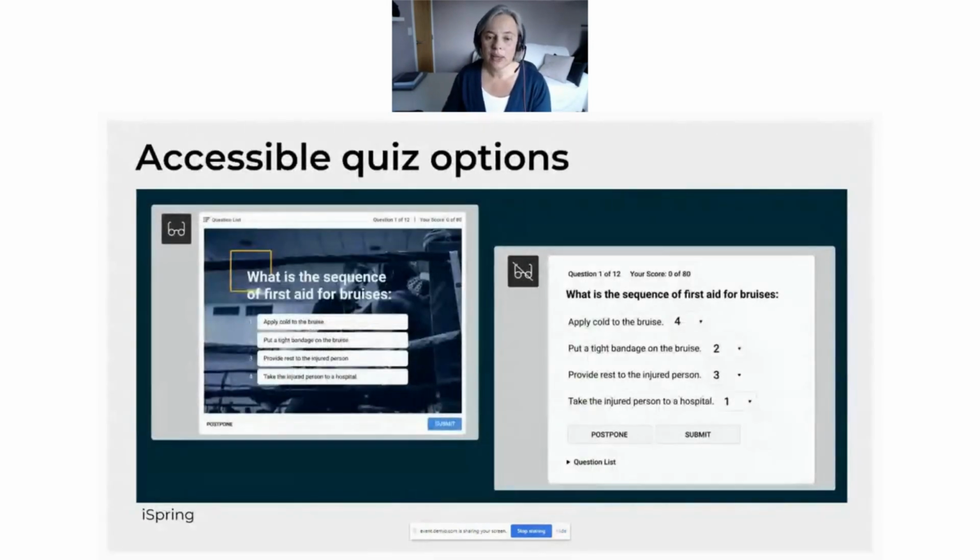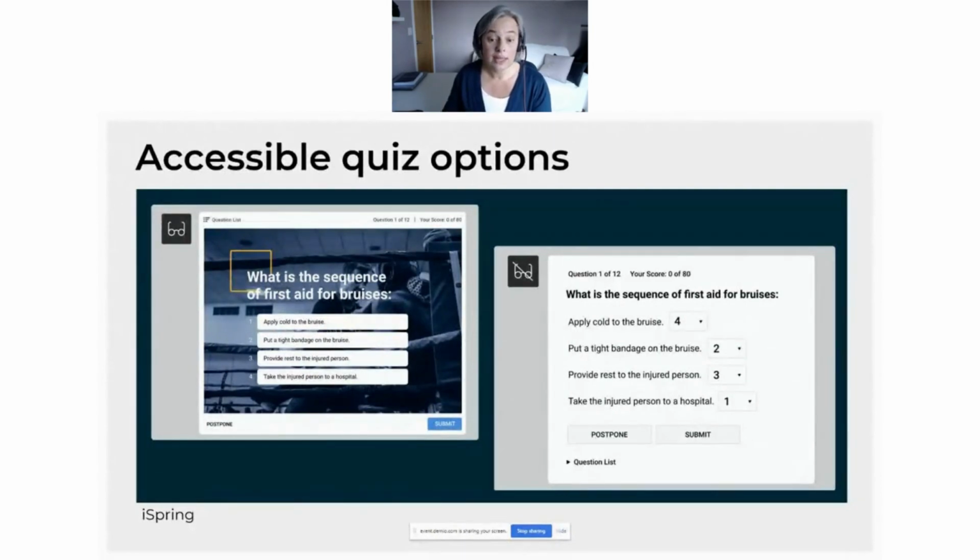Other tools may not have such an easy to access list, but they certainly have interactive activities which are accessible. And we'll come back to our iSpring example here of an ordering drop down activity instead of an ordering drag and drop activity. The first one isn't accessible for people who use screen readers or navigate using a keyboard, but the alternative is.